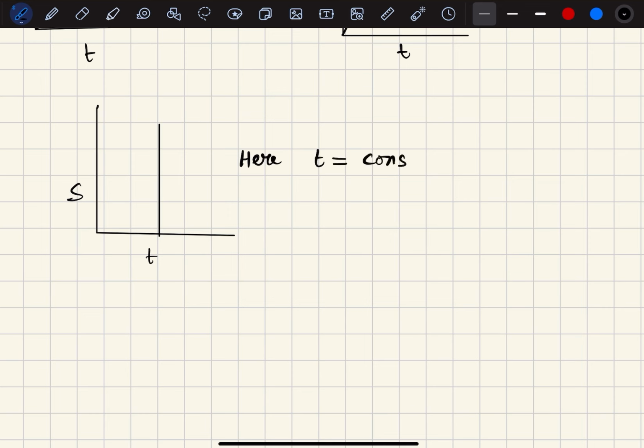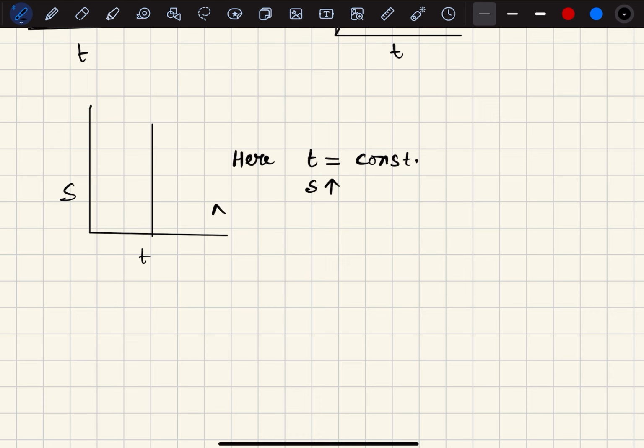Is this possible? With no time change, a body is moving away from you, but the time remains the same. Is it possible? No, not possible. Time must change. If the time remains constant, then nothing else can change, right? Nothing else can change if the time remains constant. Clear?